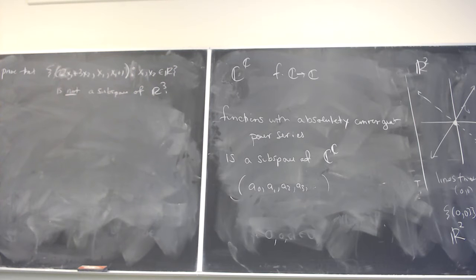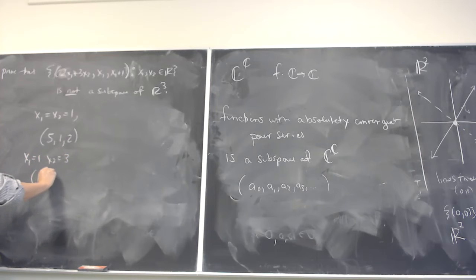So, for example, if you picked x1 equal to 1 and x2 equal to 1, the element you would get out would be (1, 5, 2). And if you put x1 equal to 1 and x2 equal to 3, you would get out the element (1, 11, 2). So this is the sort of thing that's generated by a rule like this.